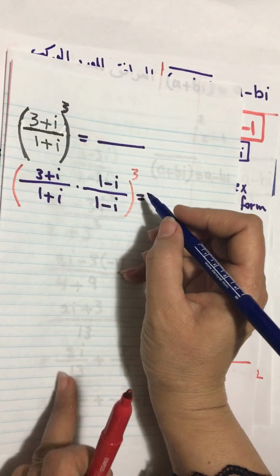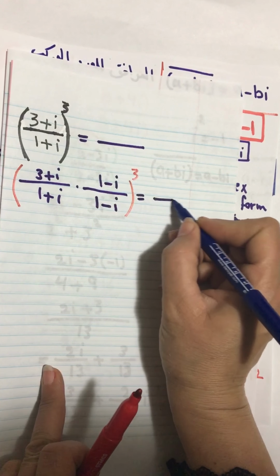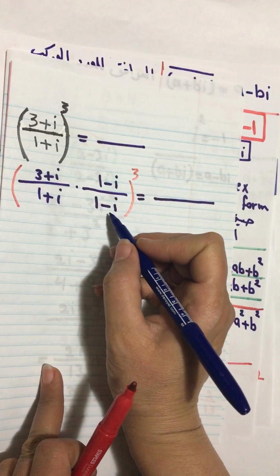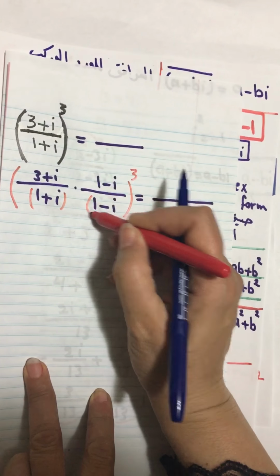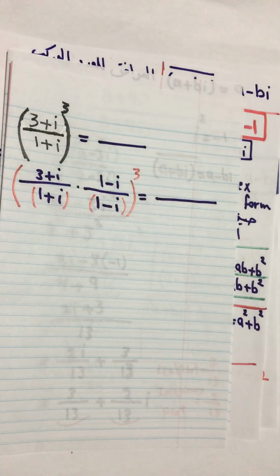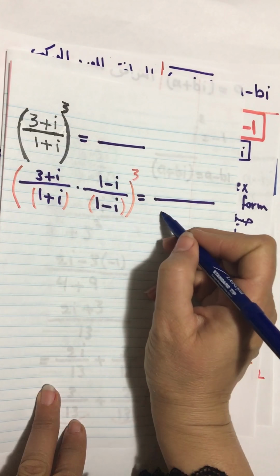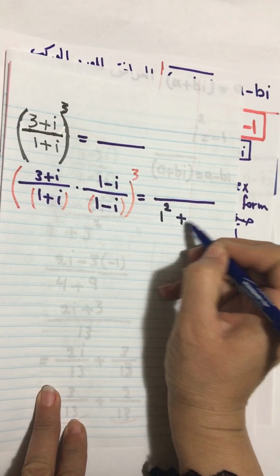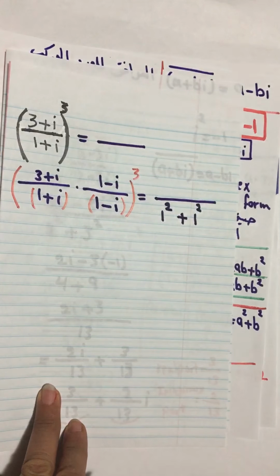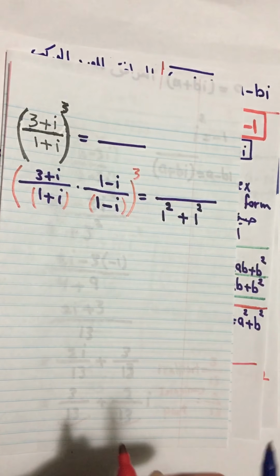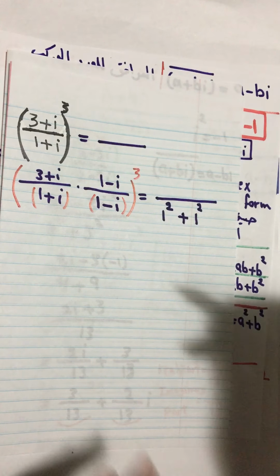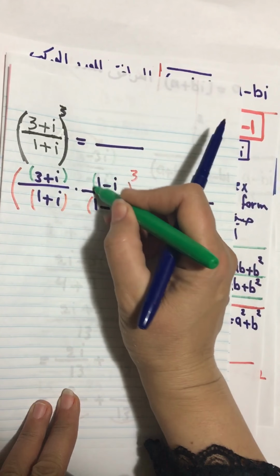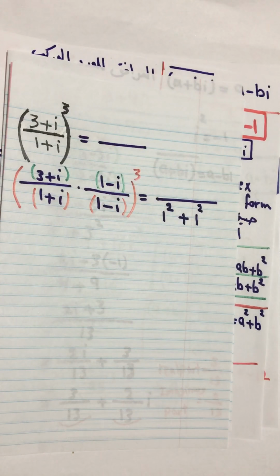Equals 1 plus i, 1 minus i. This one, the complex number, and this one, the conjugate. And when I multiply them, I'm going to have 1 square plus 1 square. And for the top, I'm going to multiply these two parentheses.